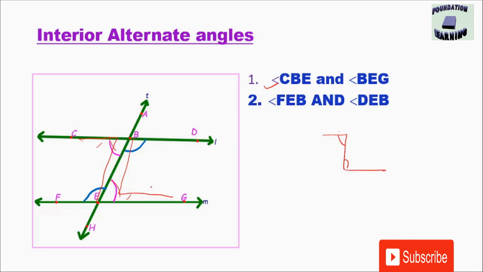Then which is our other pair? The other pair is FEB and DBE. So these are the two pairs of interior alternate angles.